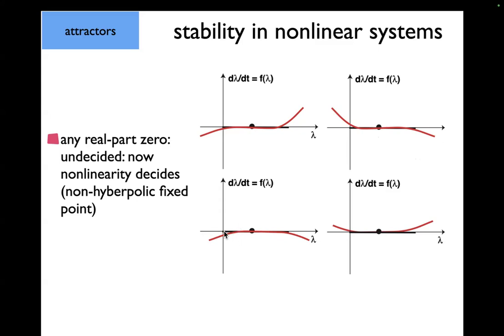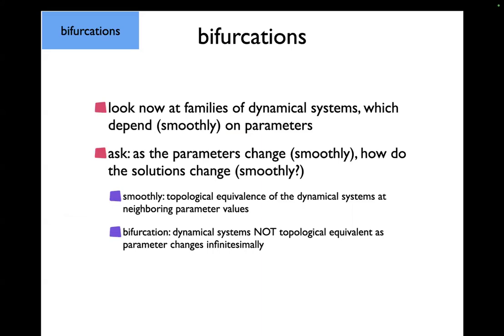So it's like a halfway attractor, if you wish. And the analogous thing, mirrored, would be the case here. So for these so-called non-hyperbolic fixed points, you need to make a more detailed analysis. And this does happen near bifurcations, so that's why it's relevant.